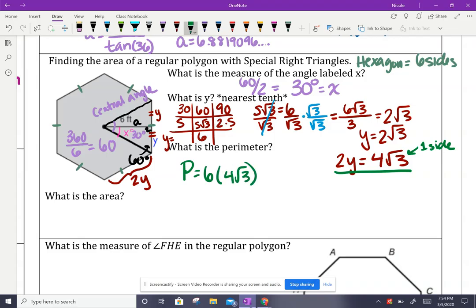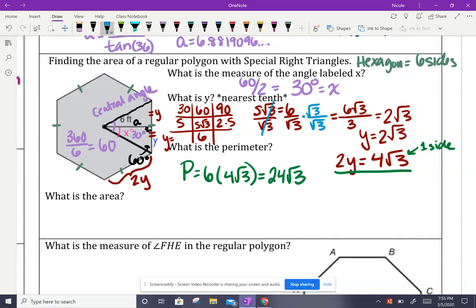So 6 times 4 root 3. Remember, we only multiply radicals outside with outside, inside with inside. So the 6 and the 4 get multiplied together, and the root 3 doesn't get multiplied to anything. It just hangs out. So 6 times 4 is 24 root 3. My perimeter is 24 root 3.